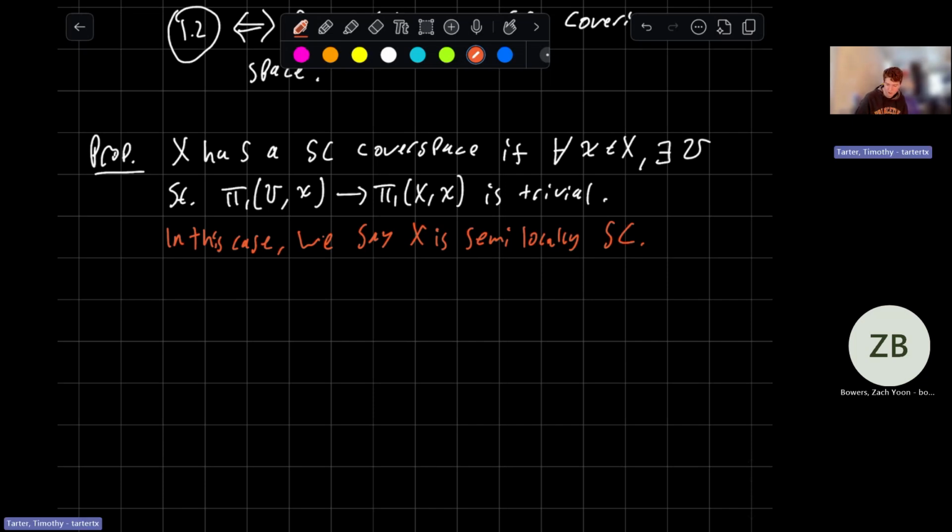And I don't know if this is the only condition, so I'm not sure that that's true.